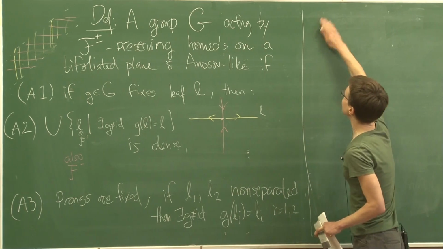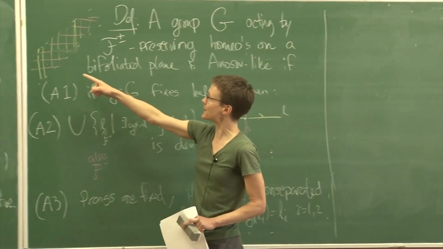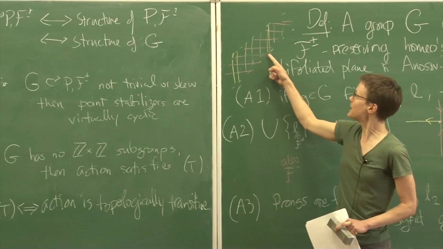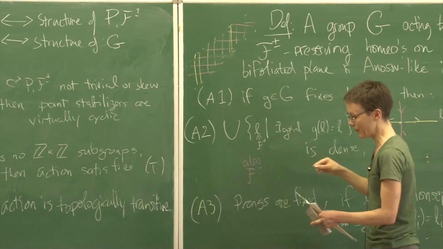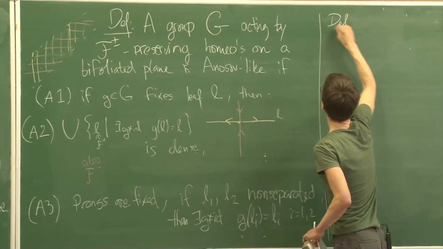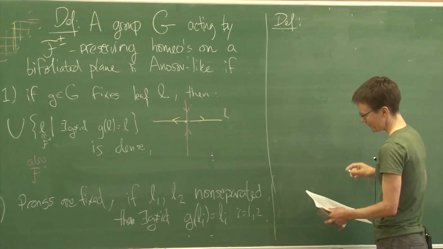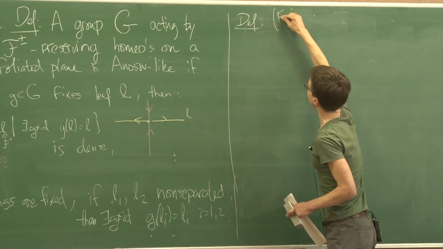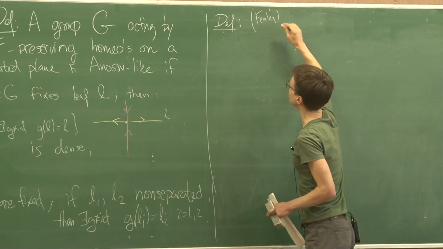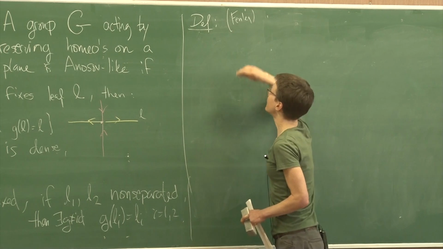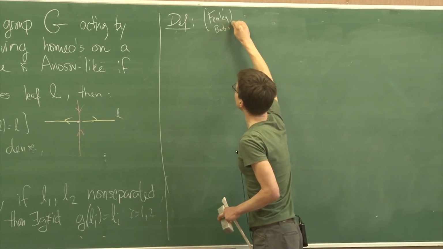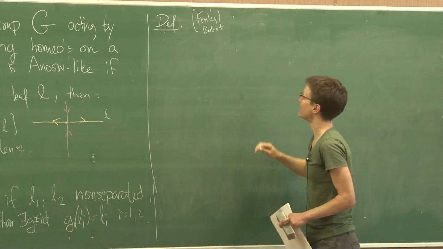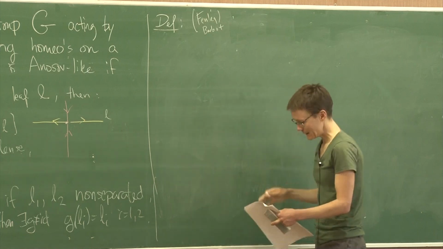So here's an essential architectural feature of planes that are not trivial. There are some leaves that don't meet each other but almost do. So here's the definition. This follows Fenley; I'll credit both Barbot and Fenley because they're working around the same time and eventually start collaborating.